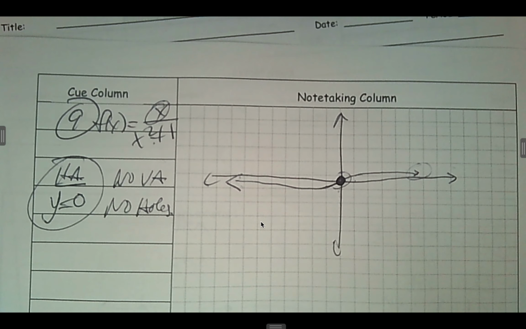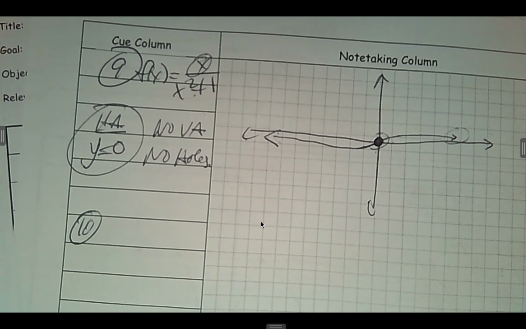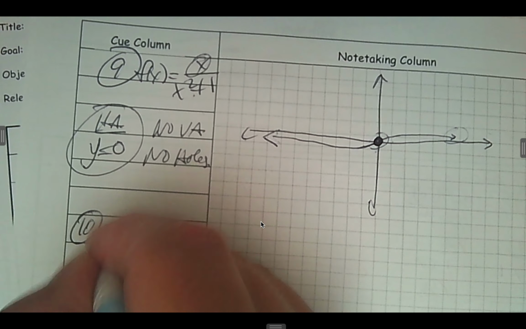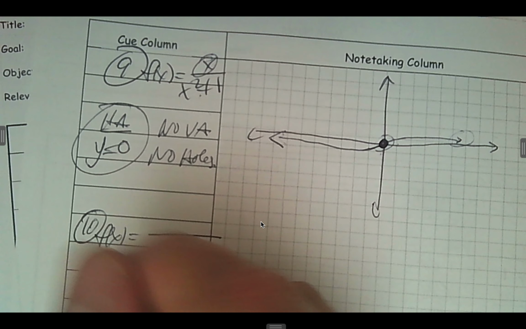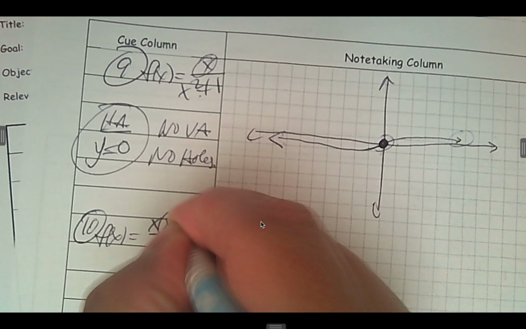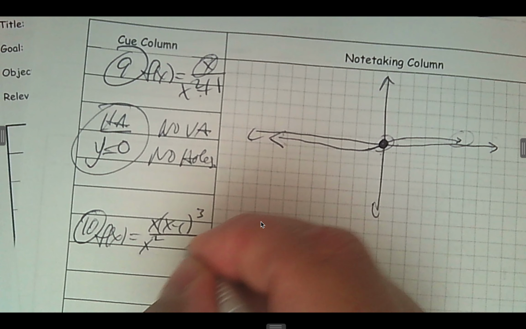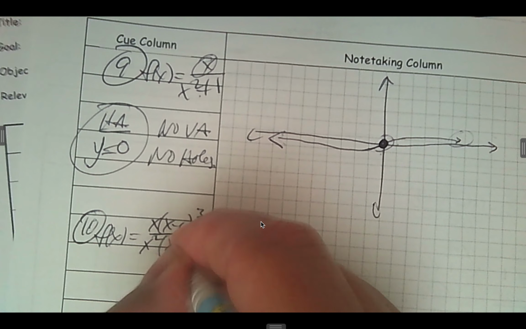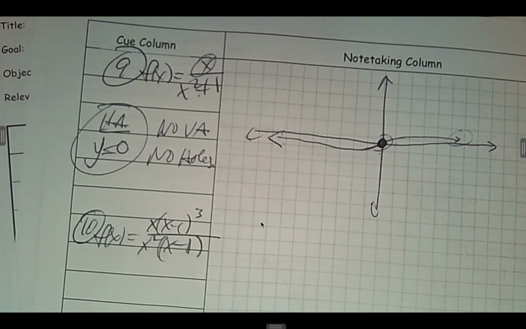All right, number 10. In number 10, you have f of x equals x subtract 1 cubed. In the denominator, you have x squared, x minus 1. And this one is just like problem 2, which we did before.